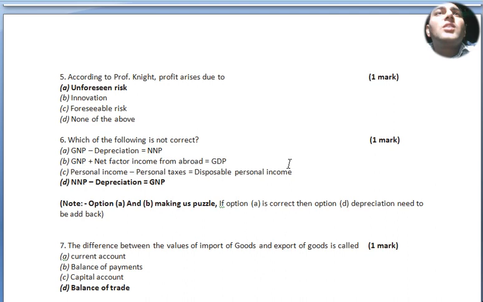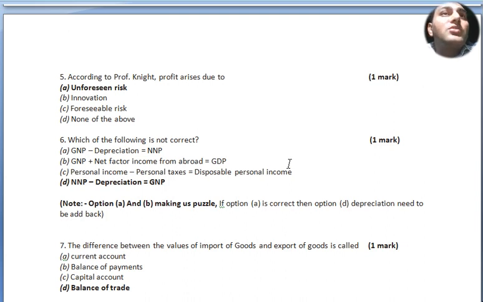Question number 6. Which of the following is not correct? GNP minus depreciation equals NNP. I'll not go for option B and option C; come directly to NNP minus depreciation equals GNP. Looking at option A, the technical point is that GNP minus depreciation equals NNP is correct. And when depreciation goes to NNP, it will be added back.